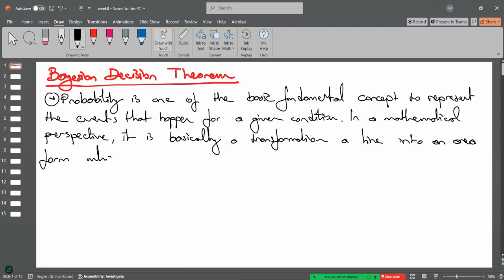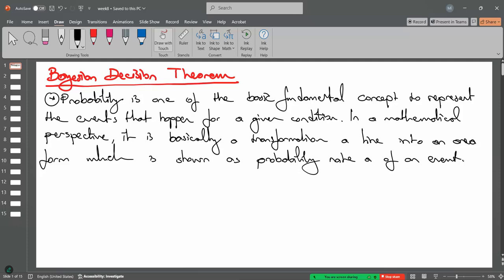Which is shown as the probability rate of event, which means that we directly utilize the area, not the line. For any given conditions, we may expect an event to happen, not a deterministic or decisive line.